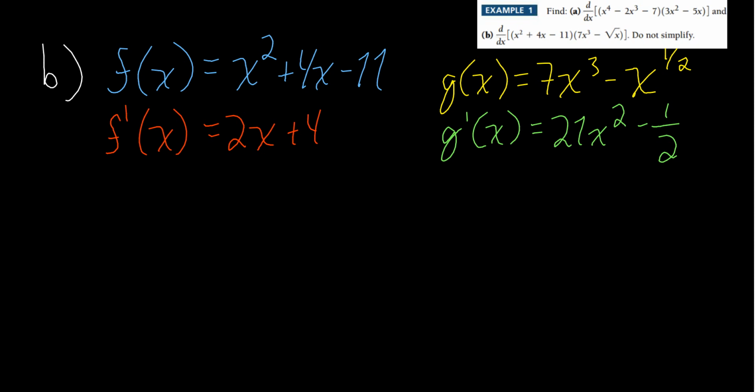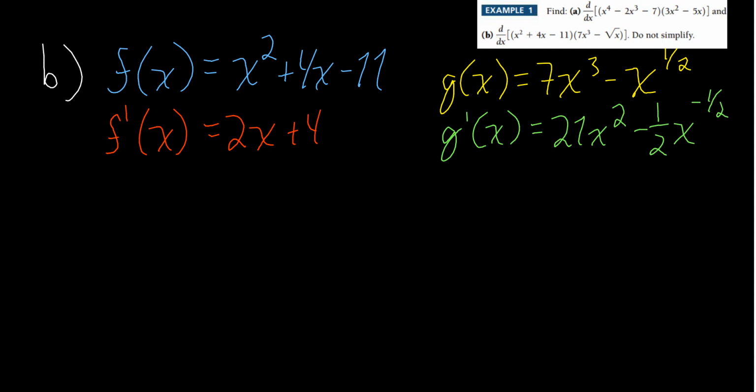Oh yeah, we'll put that in the denominator. Well, no, we don't. We'll just keep it as a negative exponent. I'm pretty sure the textbook does as well, because we are not simplifying. Minus 1/2 x to the negative 1/2.